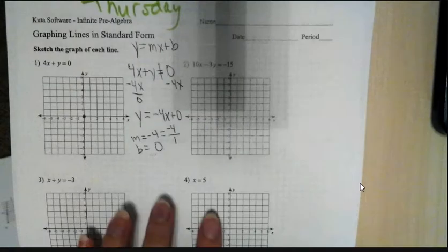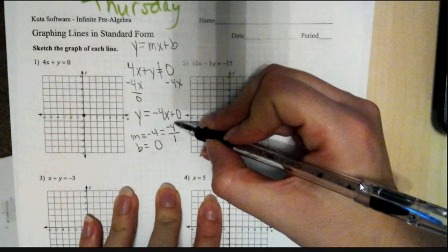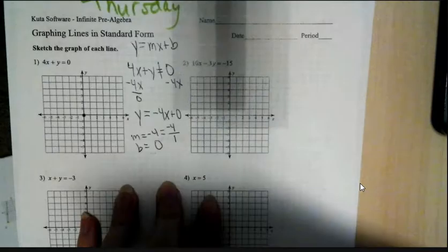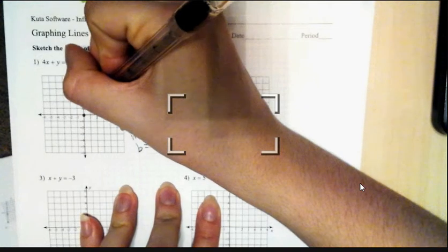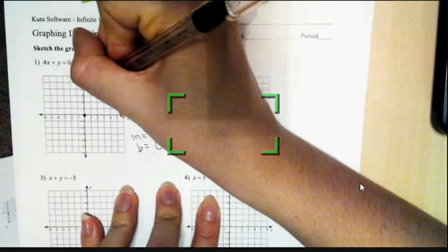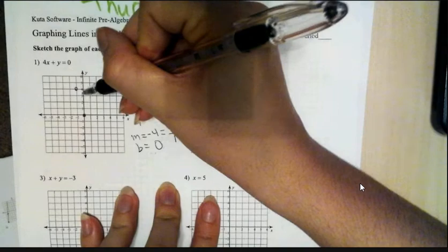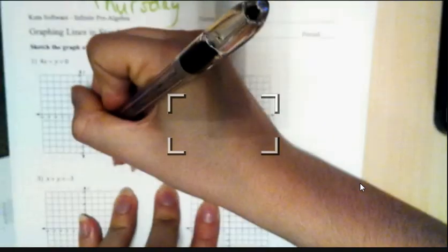And in my mind, I'm just thinking, okay, well, it's a negative slope, so my line's going to look like this. So from 0, I'm going to go up 1, 2, 3, 4, and over 1. And again, I went to the left because I know it's a negative slope. And then from this point, I can go down 4, 1, 2, 3, 4, and over 1.